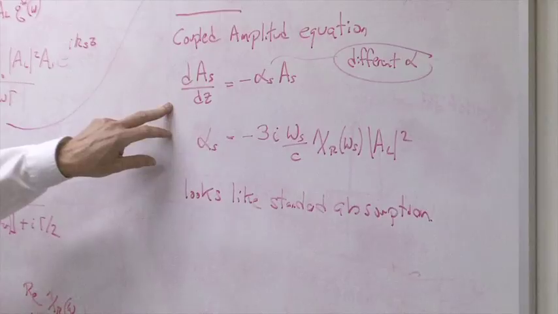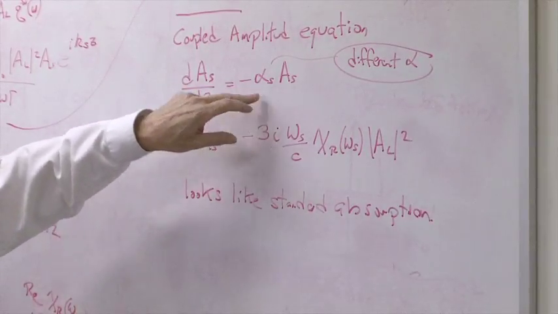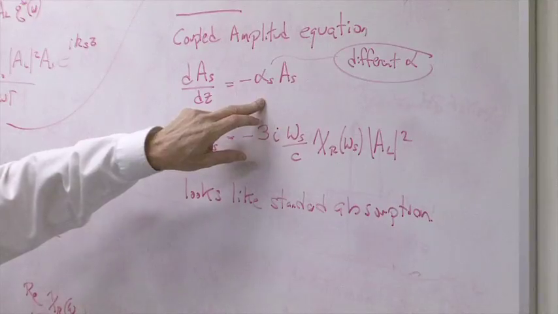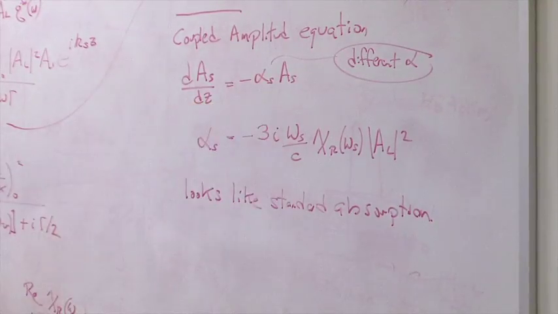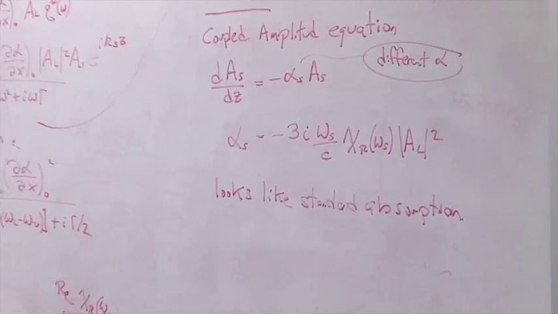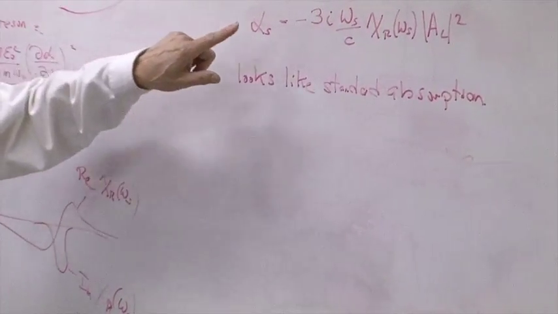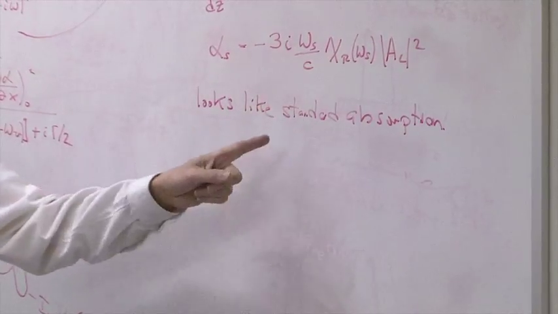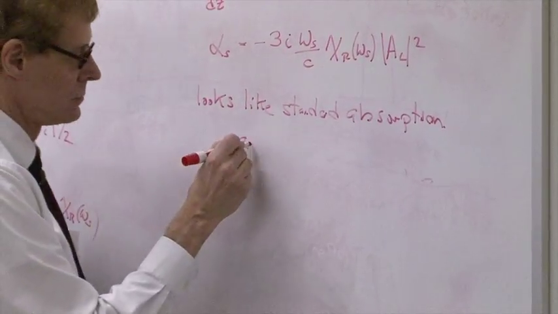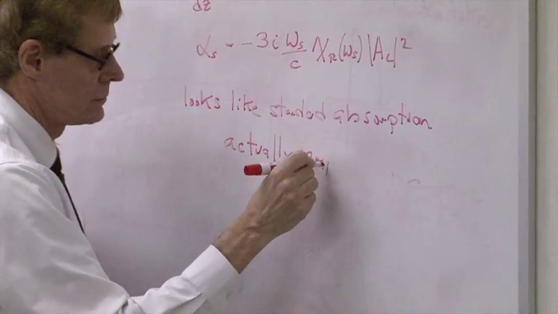This looks like the equation for a wave that gets attenuated with an absorption coefficient given by alpha sub s. But you come over here and you note that the imaginary part of chi is negative. That means that changes the sign of alpha sub s, and that means that the Stokes wave is actually amplified.